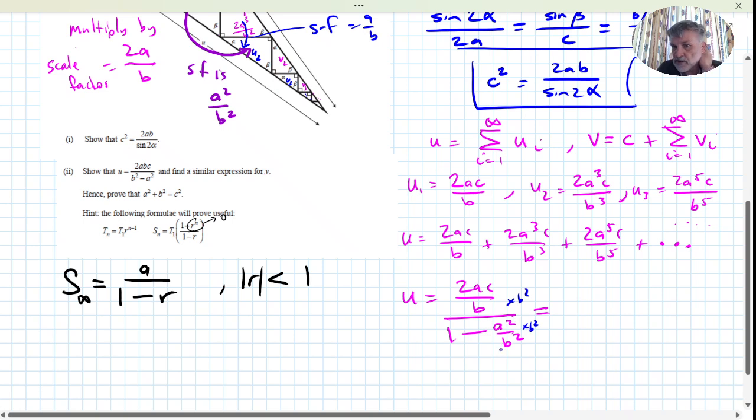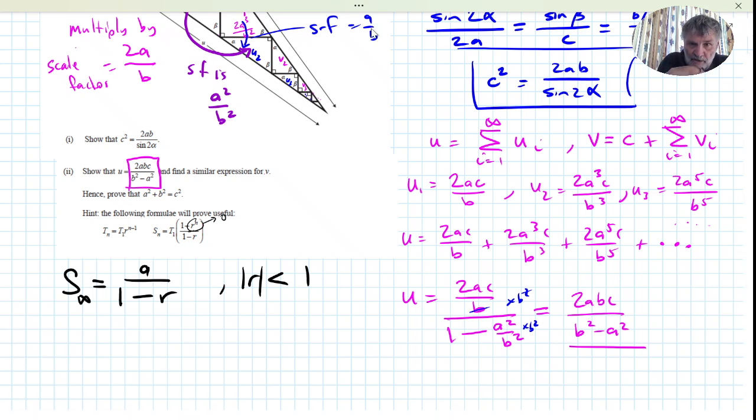It'll get rid of the fractions in both the numerator and the denominator. One of them will cancel on the top, so we get 2abc, and on the bottom we're going to get b squared minus a squared, and that's exactly what we want in the question.